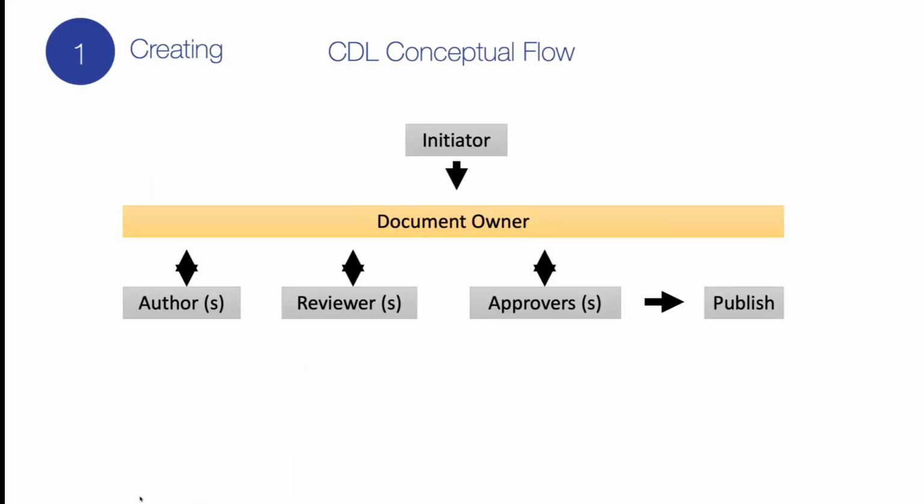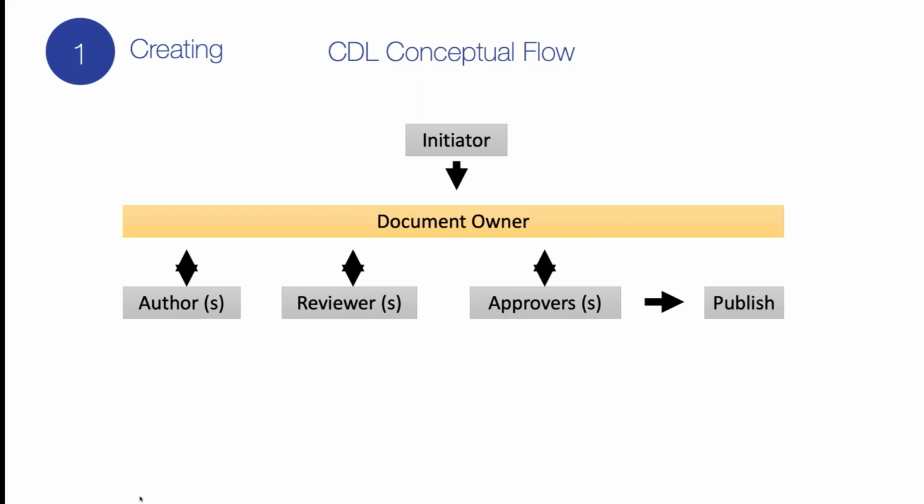Thanks, Tom. This is a conceptual flow for creating a new document. In this case, the initiator, the person who requires the new document, will initiate a workflow, which will then pass to the document owner. The document owner then decides whether the document needs to be created or whether, for example, he needs further information before sending the process forward.